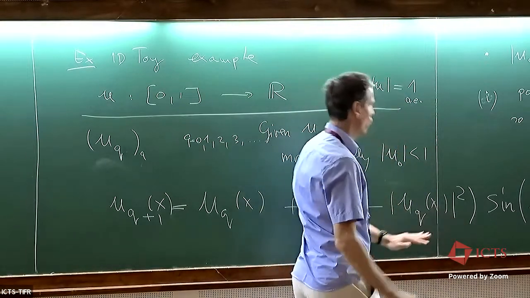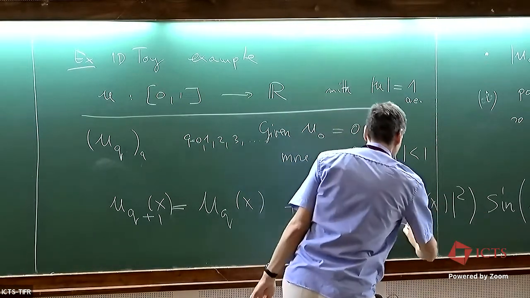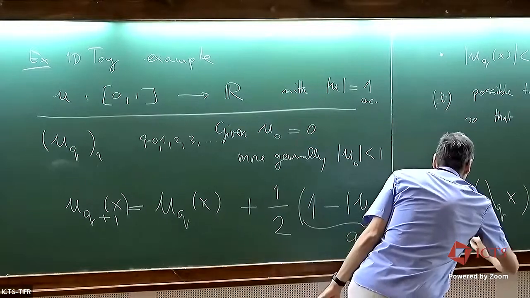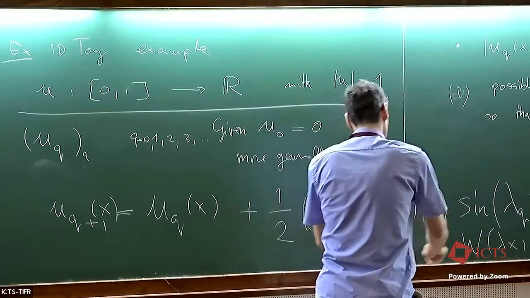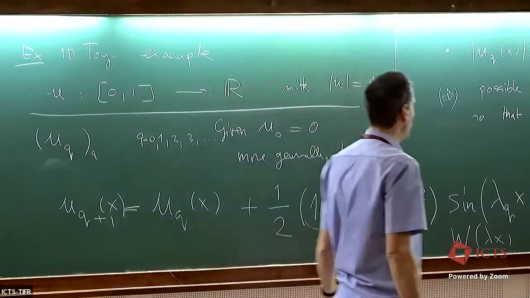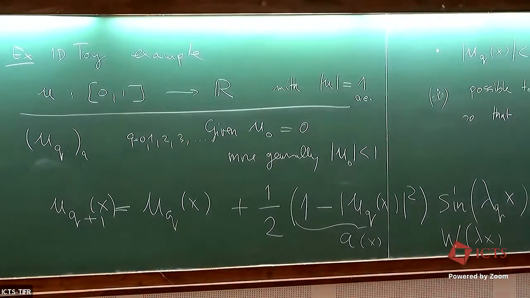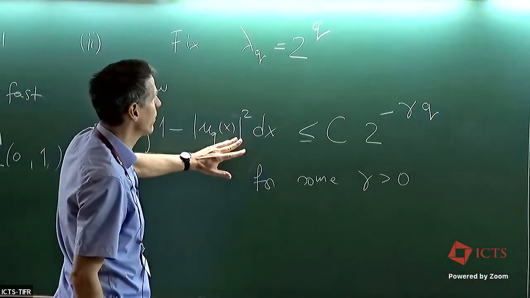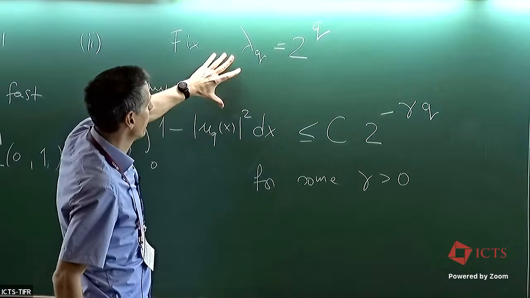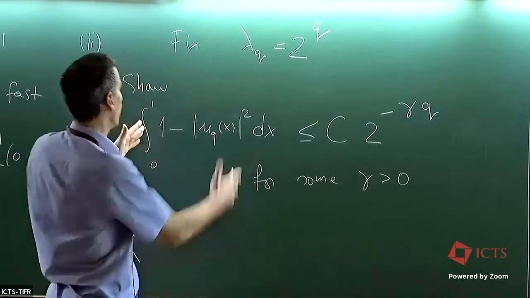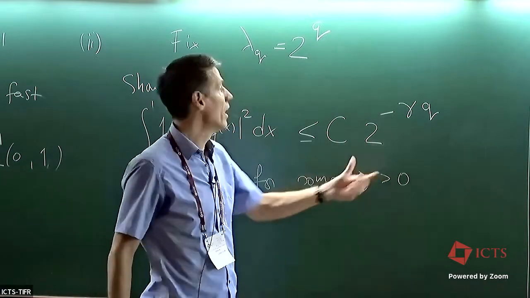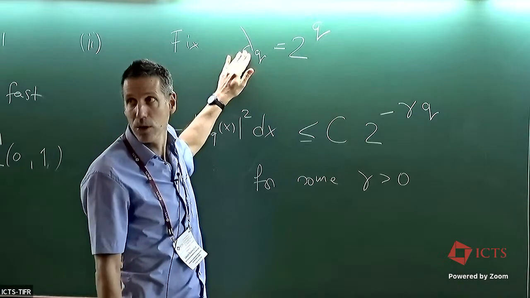So just to make the connection to what Ujjwal was talking about, you could say this is like A of x, and this is the W lambda x. So you have some amplitude times some building block. Okay, and so what this statement says, roughly speaking, and you can try to make this rigorous, but it's not that much the point to make it rigorous, is that the amplitude, at least in L1 norm, decays like a power of 2, and the frequency grows like a power of 2.